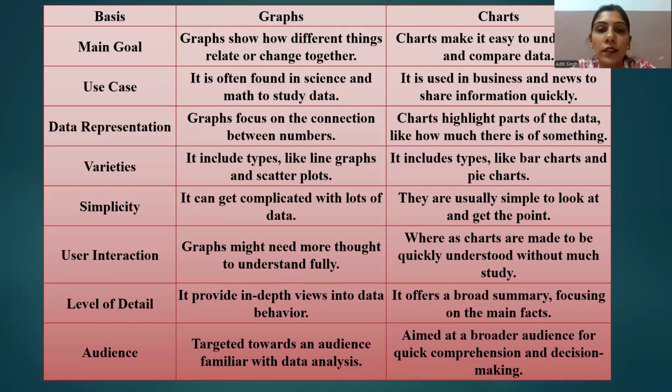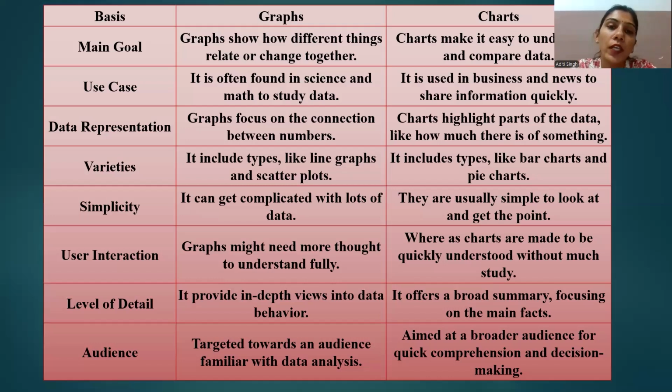Next, if we talk about a graph, a graph is a representation of information using lines on two or three axes like x, y, and z. Whereas a diagram is a simple pictorial representation of what we want to look at or how it will work.